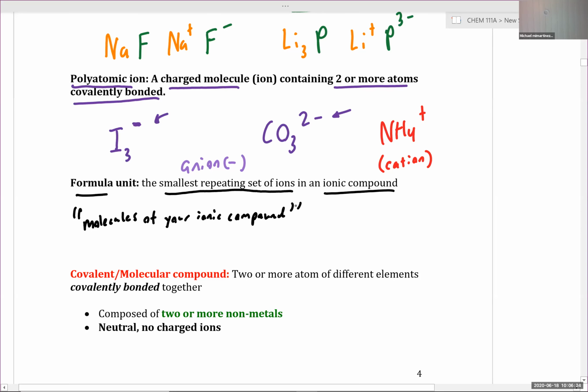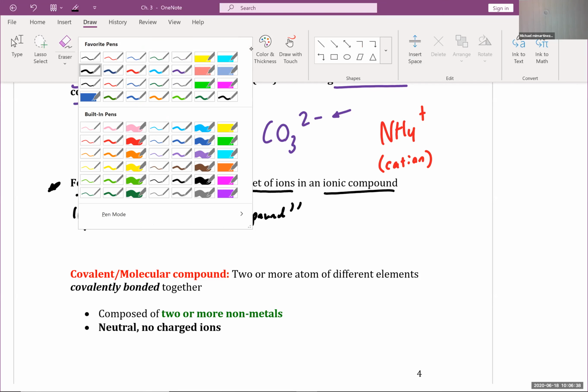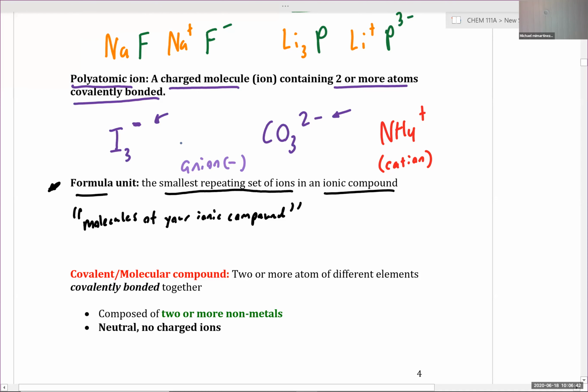We'll come back to formula units in later chapters once we have a better sense of how we want to describe solid materials and arrangements of ions in ionic compounds.